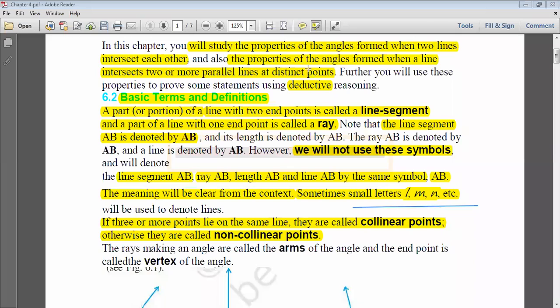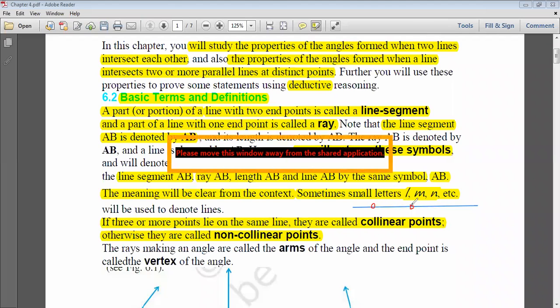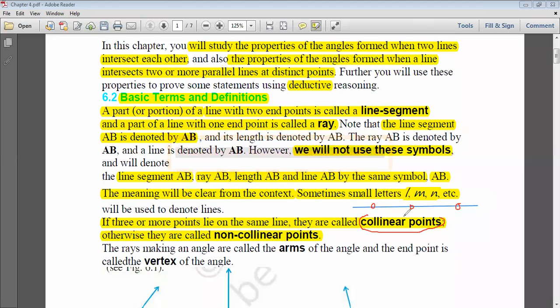Suppose we consider three points: this is a point, this is a point, and this is also a point. If all these points lie on this particular line, then all these points are called collinear points. Collinear points.